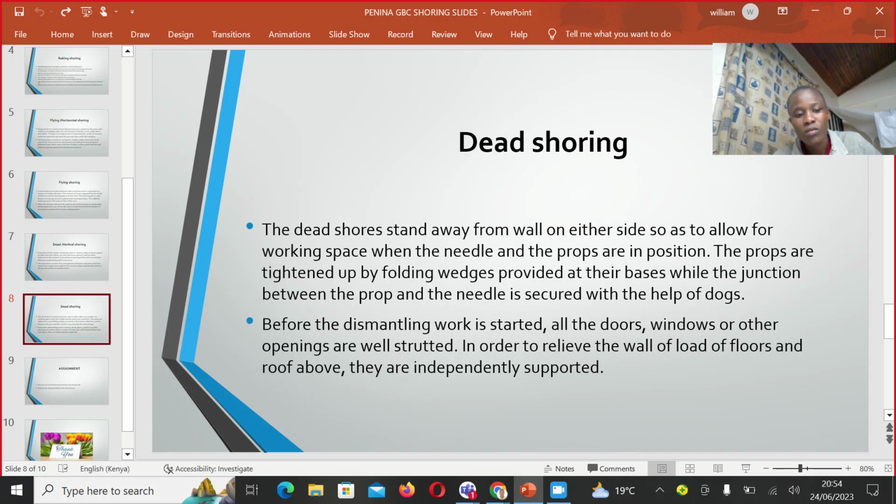Before the dismantling work is started, all doors, windows, and other openings are well strutted in order to relieve the wall of the load of floors and roof above. They are independently supported. Okay, that's good.